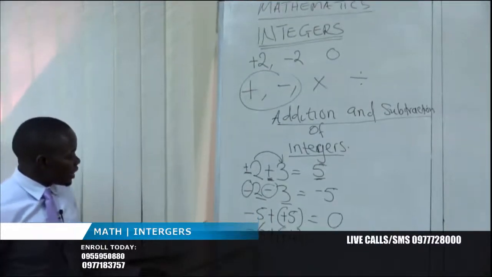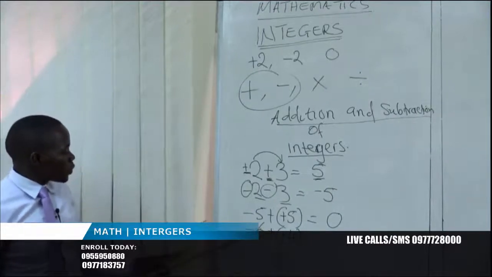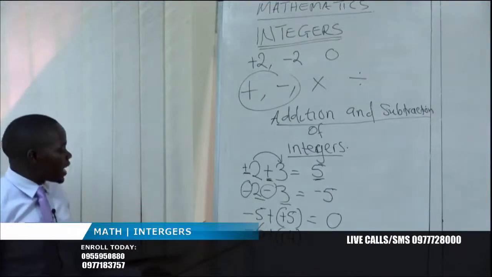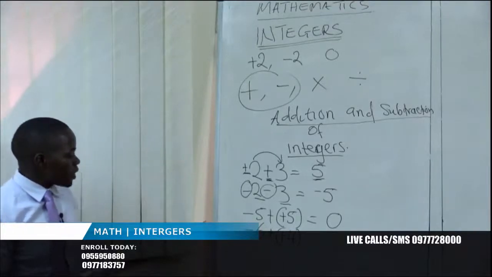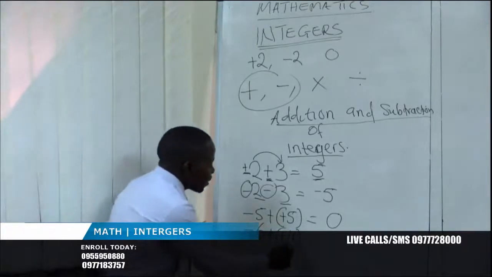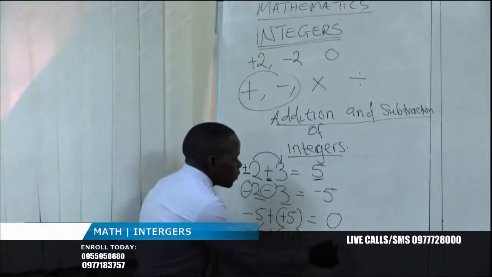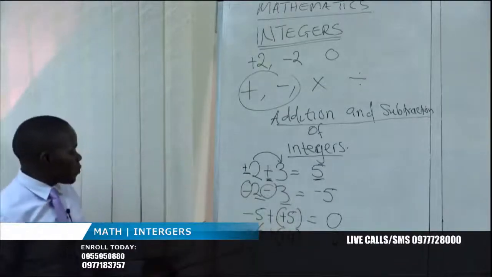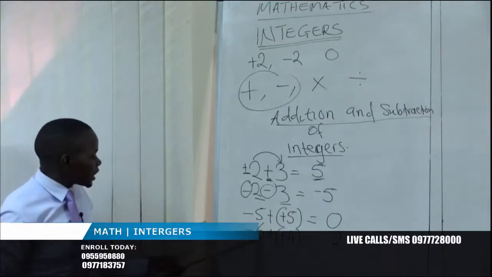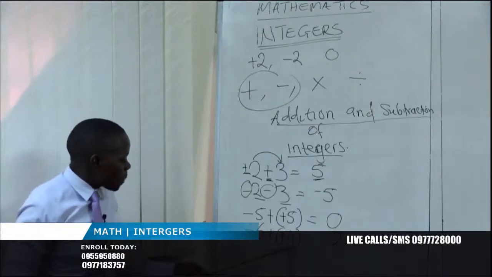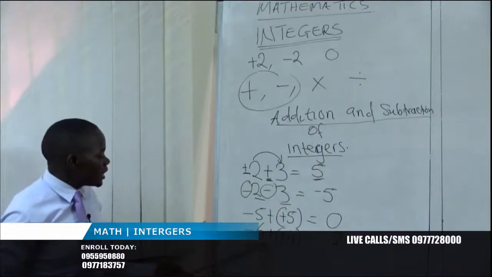We are saying, in this case, you have to carry the sign of the largest number, and later on you subtract these two. And when you subtract 6 minus 4, you get 2. And when you check between 6 and 4, I'm talking about 6 without negative, you discover that 6 is bigger.